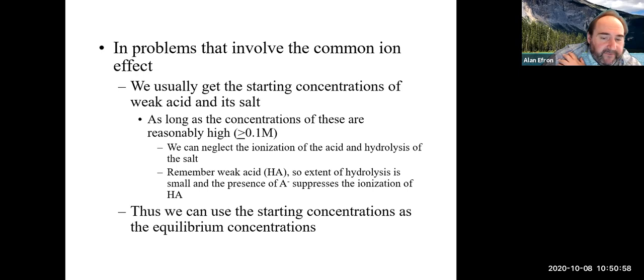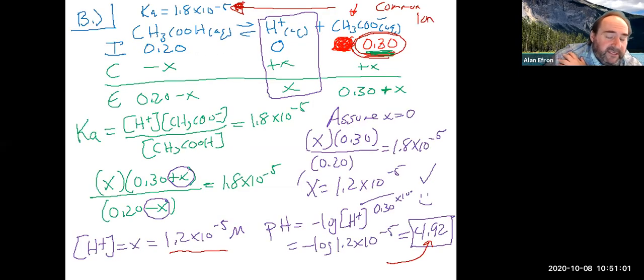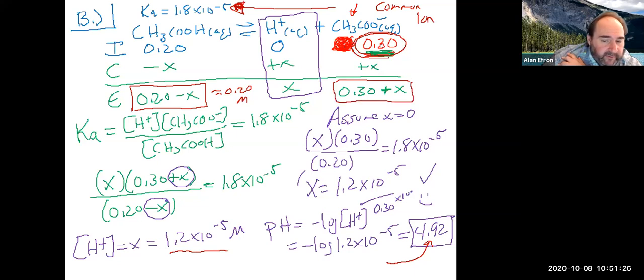What I mean by that, if we look back at our problem we just did, although we did not calculate what the equilibrium concentration of our weak acid was, if I take 0.2 minus 1.2 times 10 to the minus 5, which is our x value here, I will still end up with 0.2 molar. If I take my acetate, 0.3 plus 1.2 times 10 to the minus 5, I will still end up with pretty much 0.3 molar.